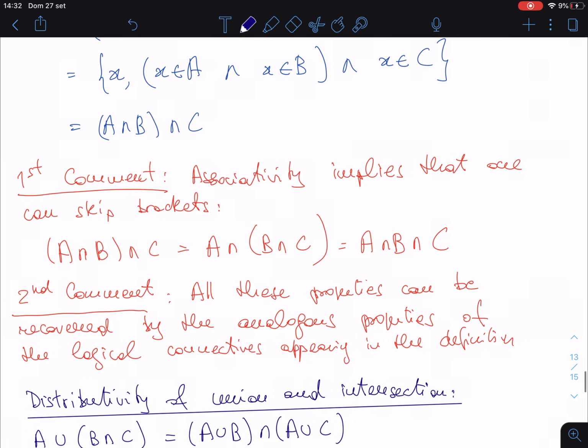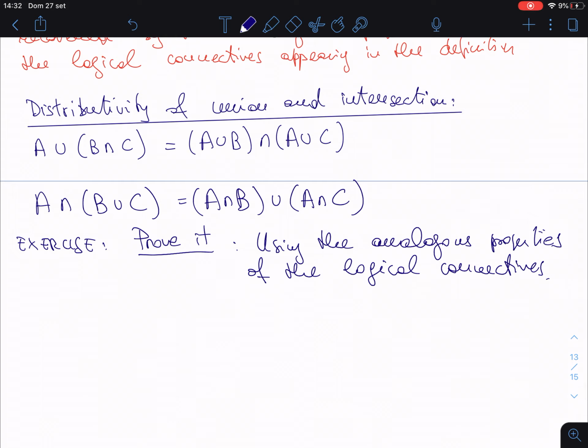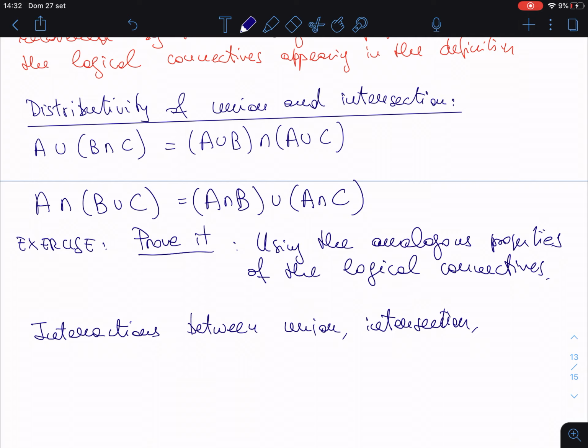And then the last properties are the other properties, that give you the interactions between union, intersection, and difference.